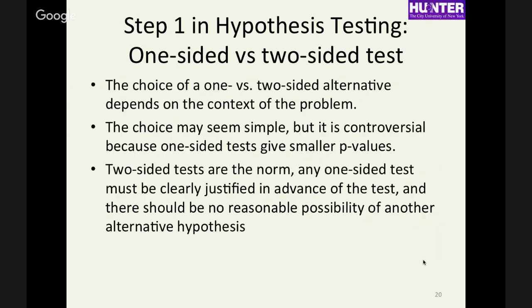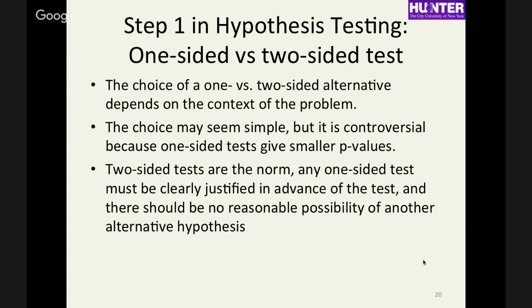So that choice depends on the context of the problem, but one-sided tests have to be very well justified, because in general you can get a p-value that's half of what you would get from a two-sided test, as long as your hypothesized alternative was in the right direction.